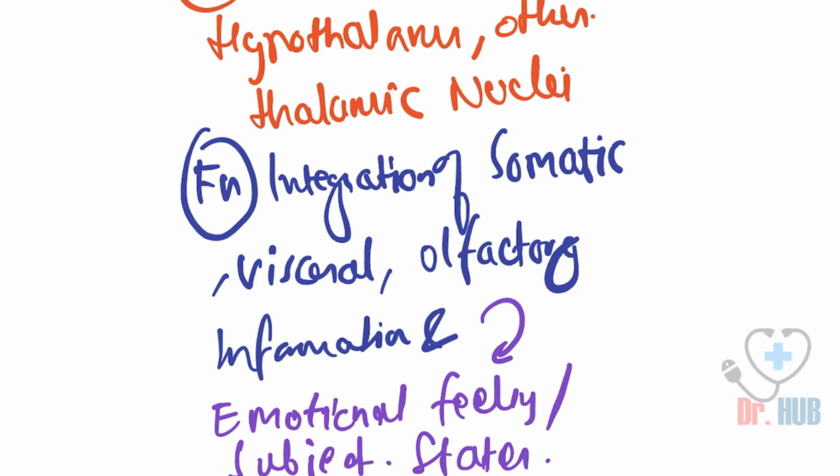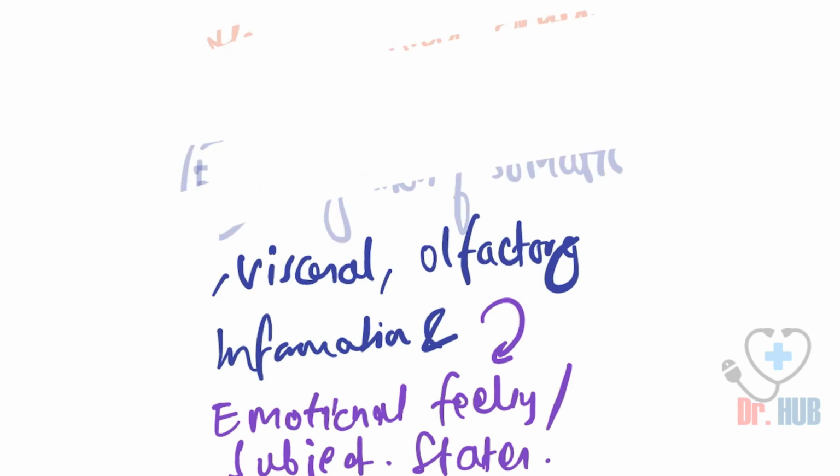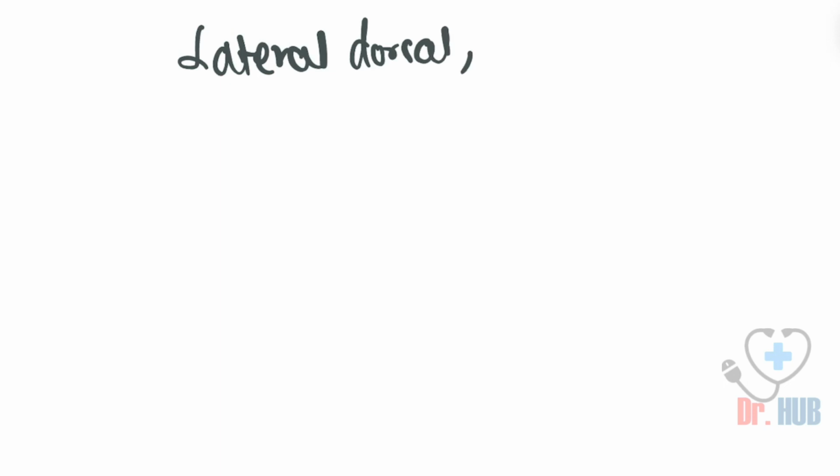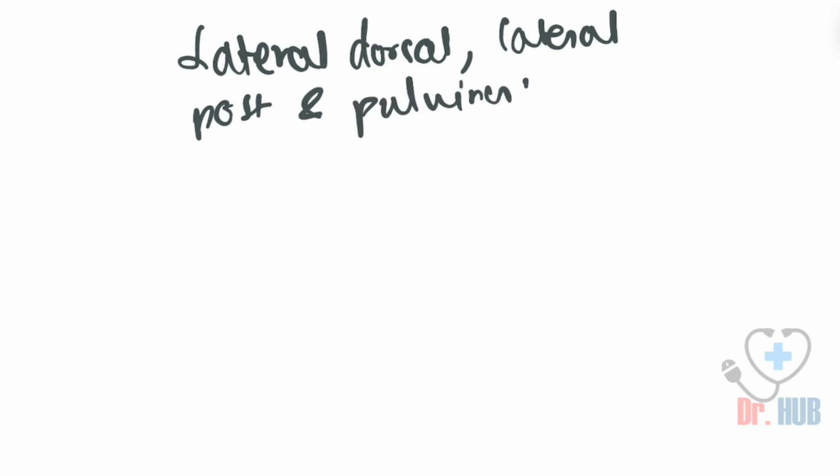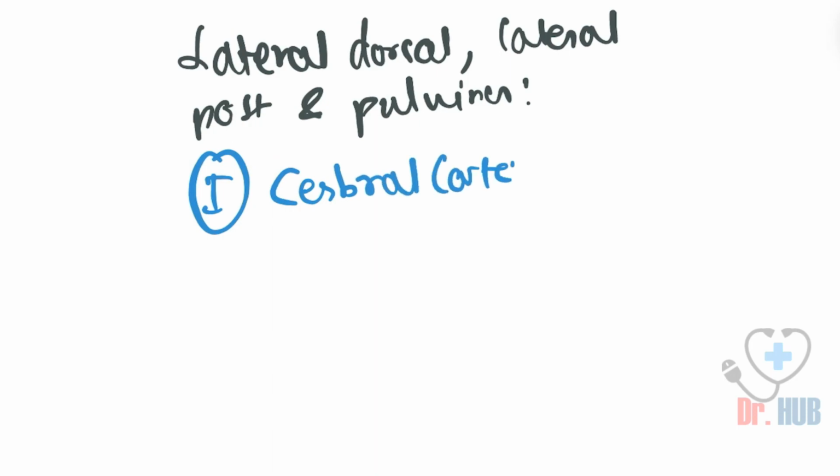Then we will look at the next one, that is the lateral dorsal, the lateral posterior and the pulvinar. Here the input is the cerebral cortex and the thalamic nuclei.